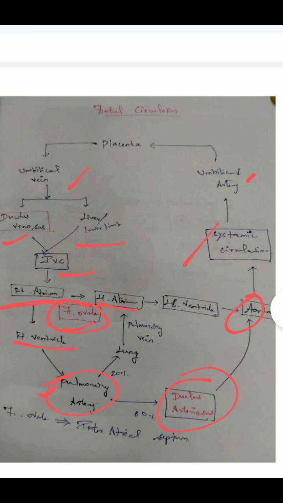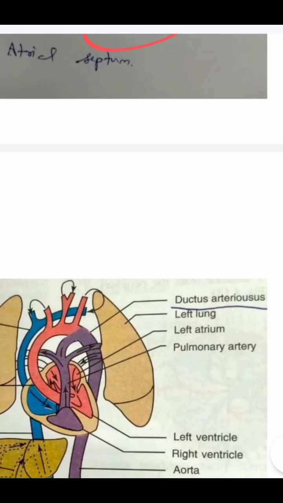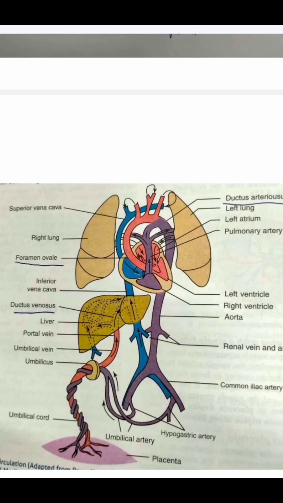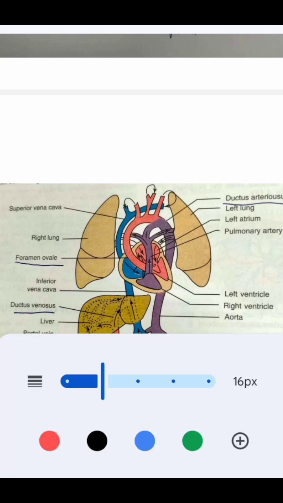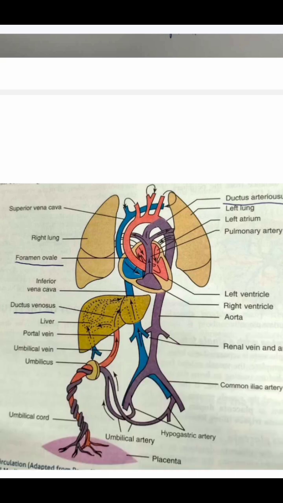Okay, here I am going to show it in picture format. Here you can clearly see it. First, this is the placenta and it contains the umbilical cord which carries one umbilical vein and two umbilical arteries.